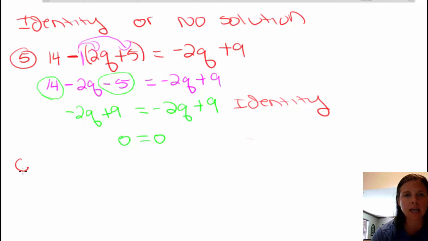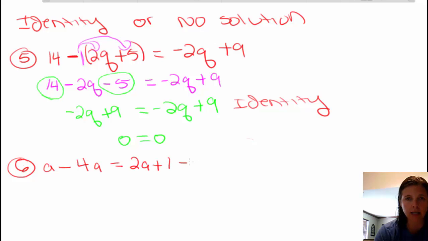All right, this next example, you can probably guess what it's going to be: a minus 4a equals 2a plus 1 minus 5a. Okay, so again, we have things to combine on the same side of the equal sign.